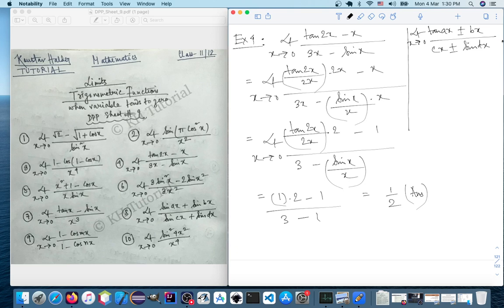The x will get cancelled out, and you can put the standard results tan x by x and sin x by x as 1 for this pattern of problems. So half is the answer.